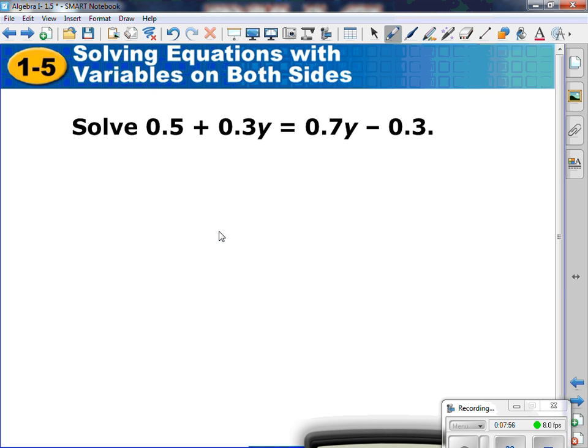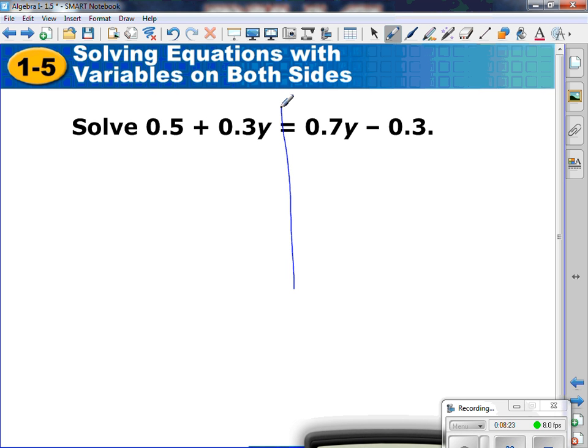What's different about this one? There's decimals. Give it a try. What's my first thing I should probably do? Draw the line. My second thing I should do, I need to move a variable.